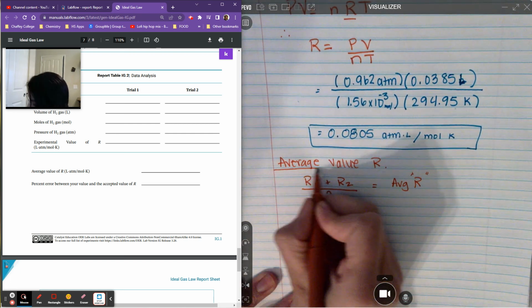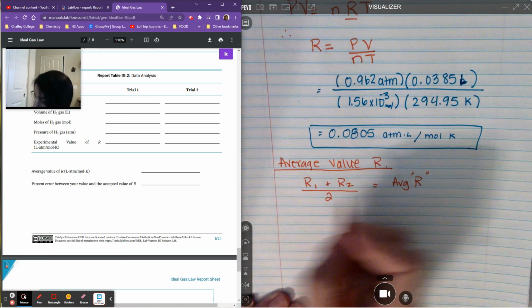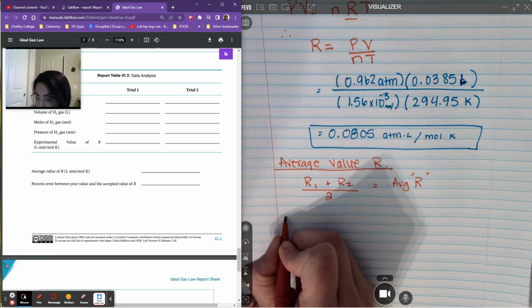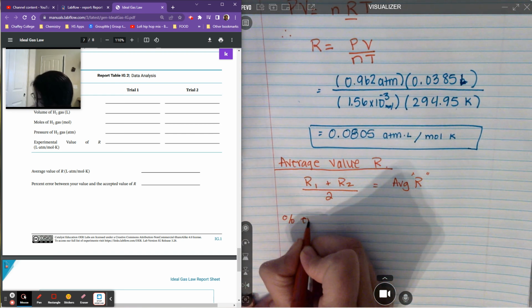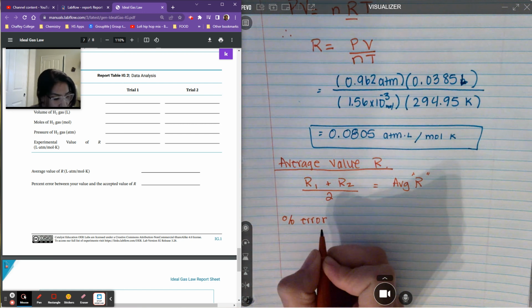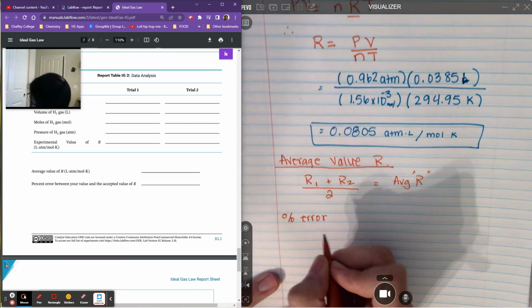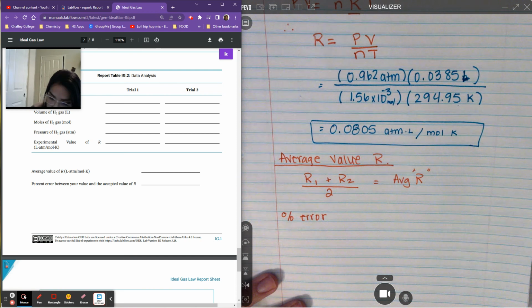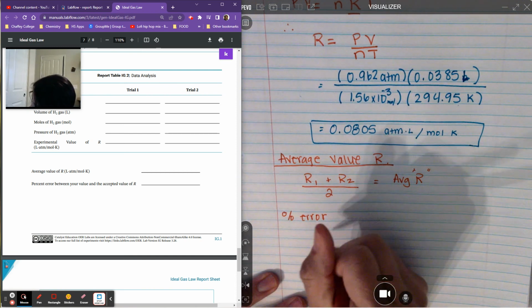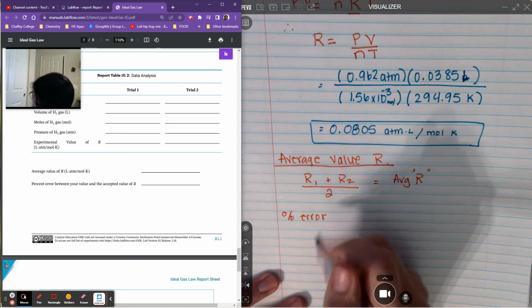The next question says percent error. So it wants to know, what is your percent error? And percent error is found with this equation here.